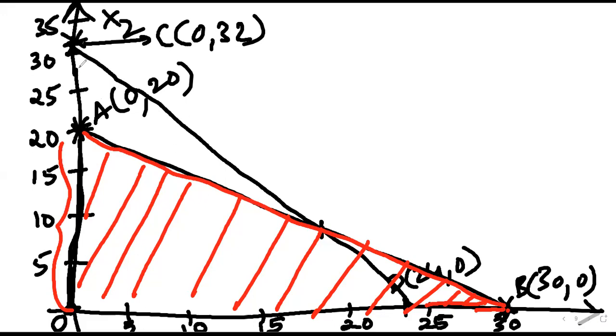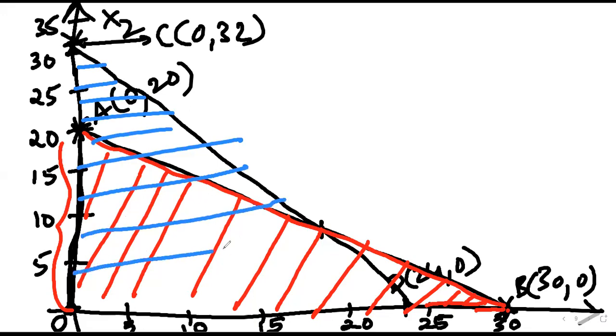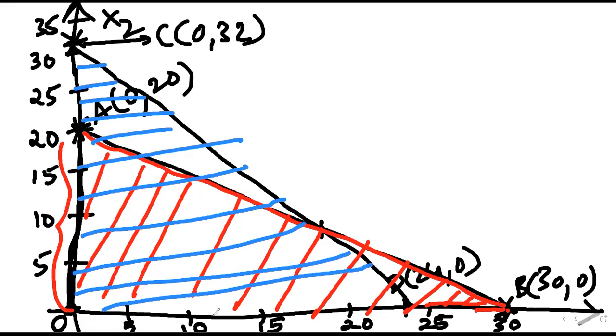That is the reason I'm completely shading this area below 32, and x1 is below 24. Okay, everyone agrees to this? Yes, sir.